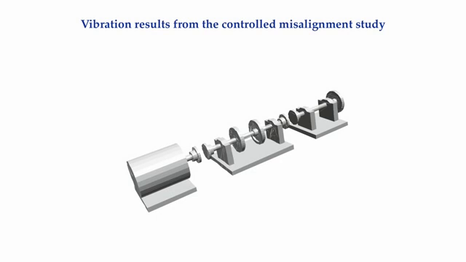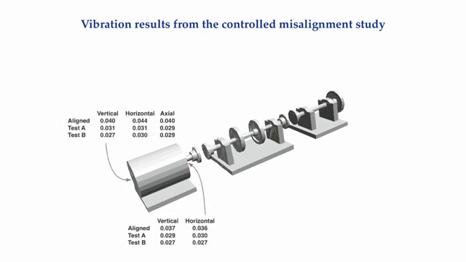For you vibration people, the overall vibration data units are in inches per second peak for all the measurements. Starting with the outboard bearing on the motor in the vertical direction, when the motor was well aligned, the overall vibration was 0.040 inches per second. When the center shaft was misaligned 31 mils laterally, which is called test A, the overall vibration dropped to 0.031 inches per second.